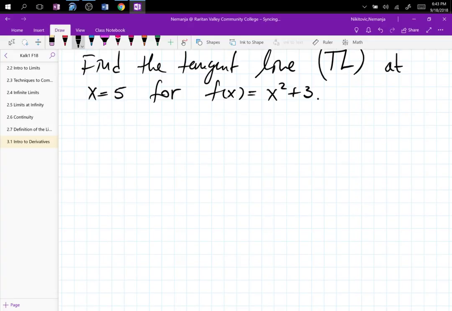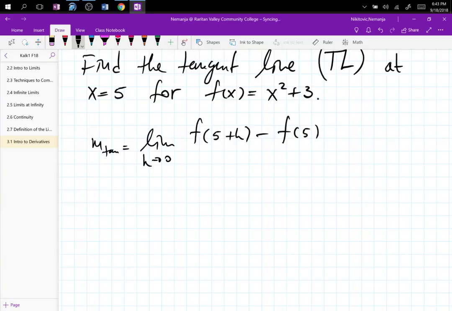So m tangent is the limit, h goes to 0, of f of 5 plus h minus f of 5, divided by h. I have to plug in a. I know a is 5, so plug it in. And now we have to plug in the function as well.